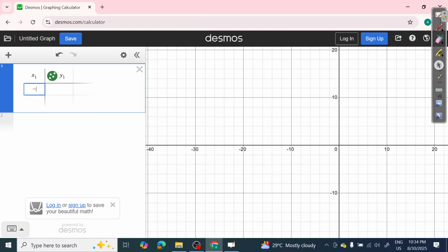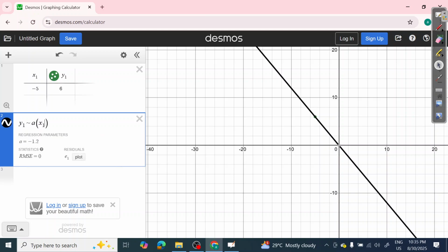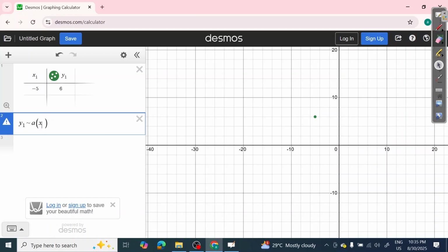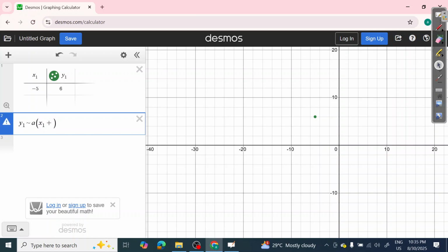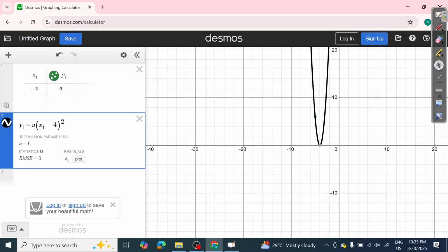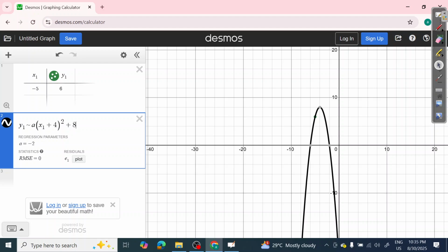And here you'll write y1. This time I'll write it directly because you already know how to write an equation for the regression. So a in the bracket, x1 plus 4 whole squared, plus 8. You got the value of a because there is only one variable left.